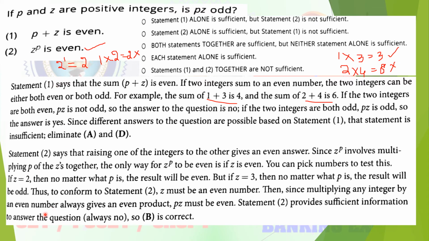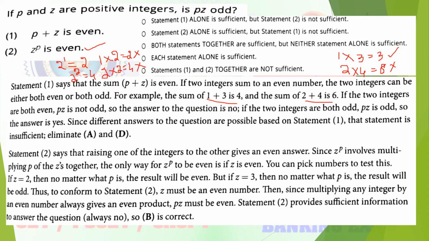Then 2 to the power of 2 is equal to 4, so I will take z as 2 and p also as 2. What answer do you get? 4. Is this an odd number? No. So in this case the two answers are also the same, no and no.